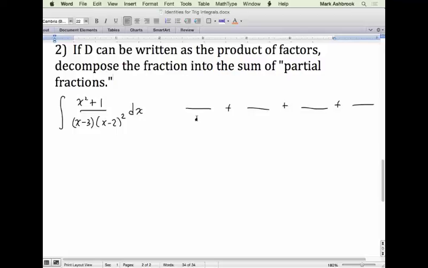So one possible denominator could be just x minus 3. Another possible denominator could just be x minus 2. But then there's one more. There's one more denominator that just these two don't take care of. Okay? x minus 2 squared.